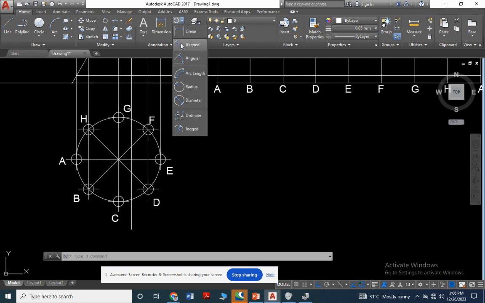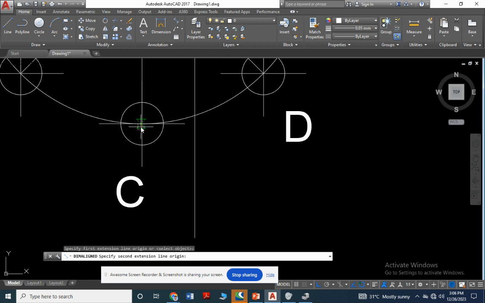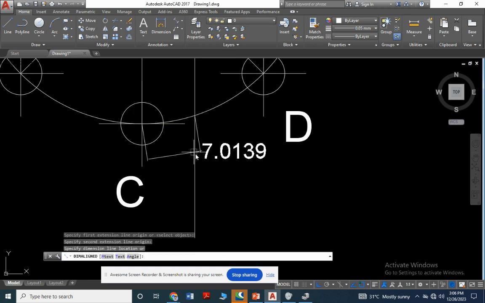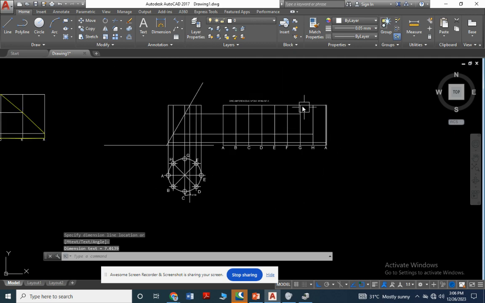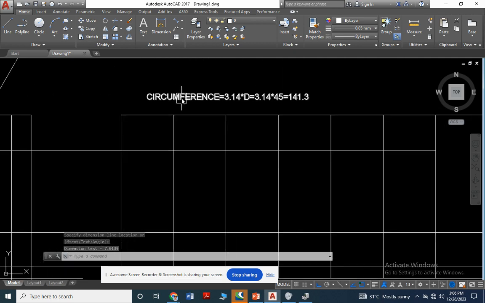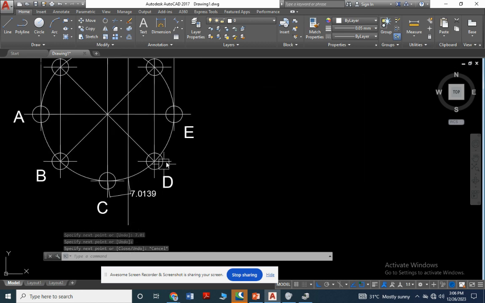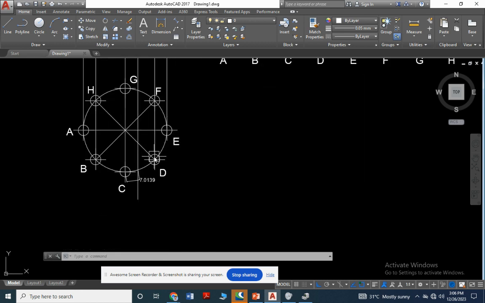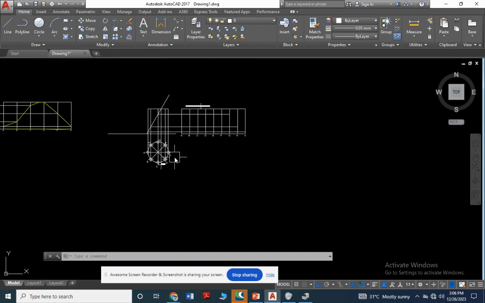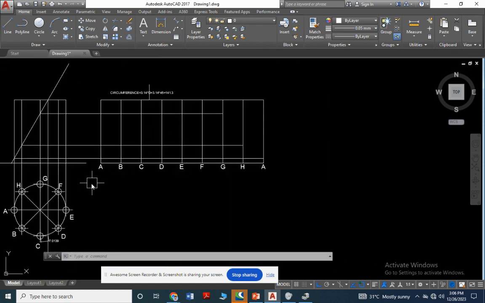Okay, so measure the distance, line dimension. From here, C to D is 7.01, inclined line.